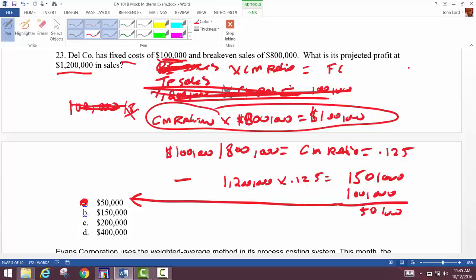Sales price minus variable cost is my contribution margin, isn't it? So if I have a $100 sales price minus my variable cost of 60, my contribution margin is $40, per unit here.